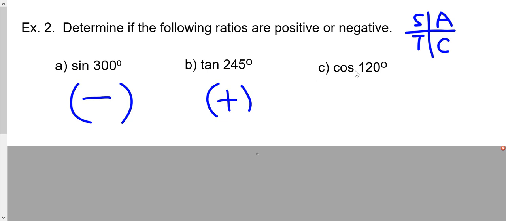Okay, cosine 120, 90, 180, so it's here. Quadrant 2, only sine is positive, and everything else would be negative. So this is going to give you a negative answer. Okay, last question.